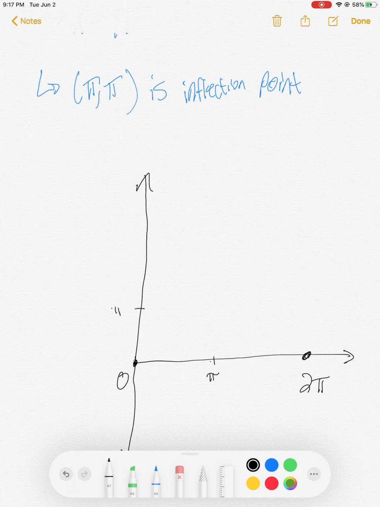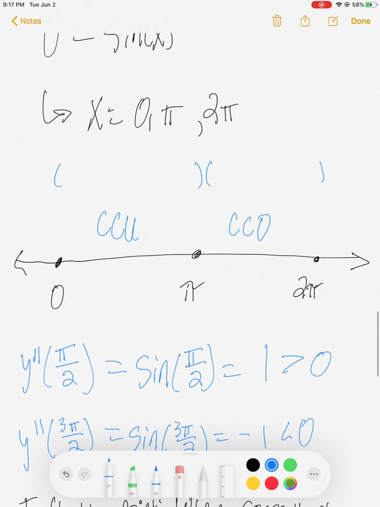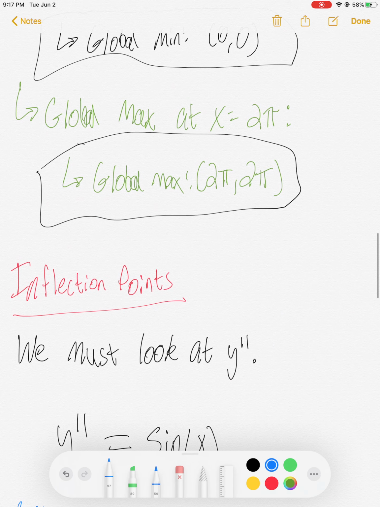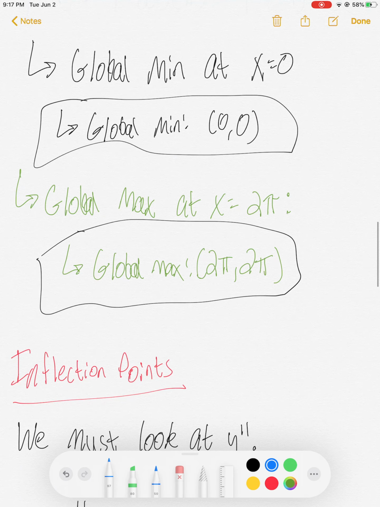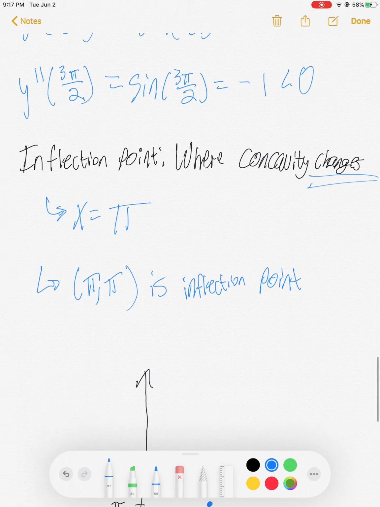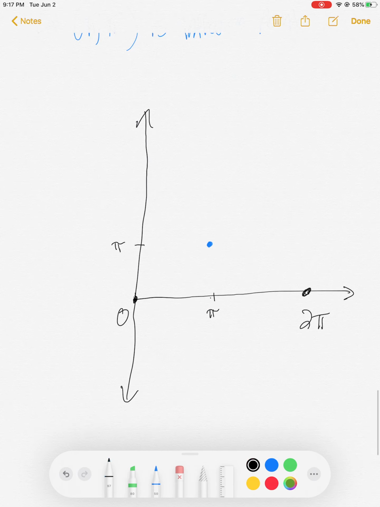The first one, we know the point pi, so maybe this is pi, and maybe trying to go equally distant, maybe here or so is also pi on the y-axis. So this point here, that's going to be our inflection point.